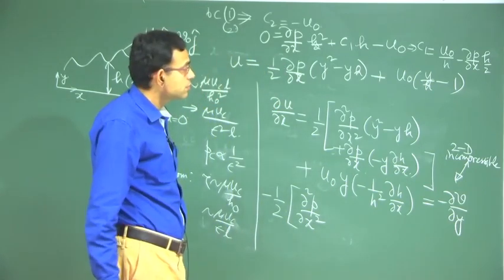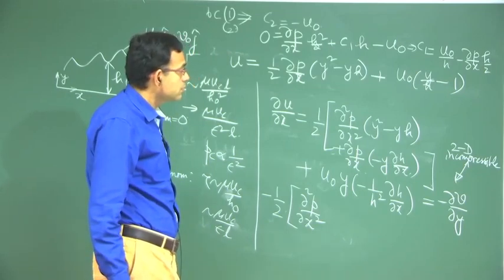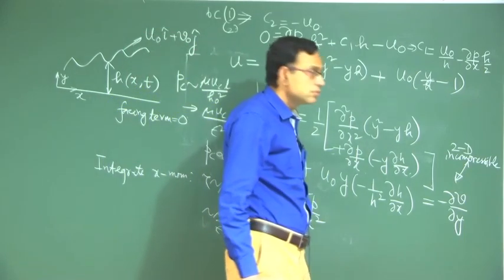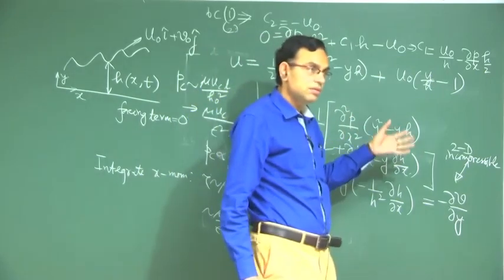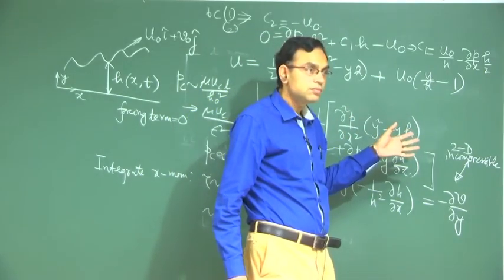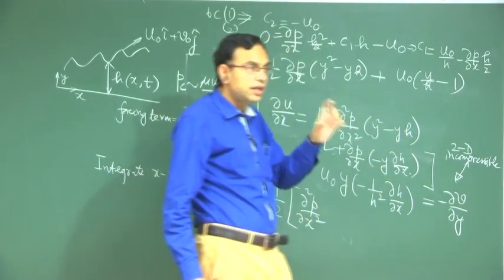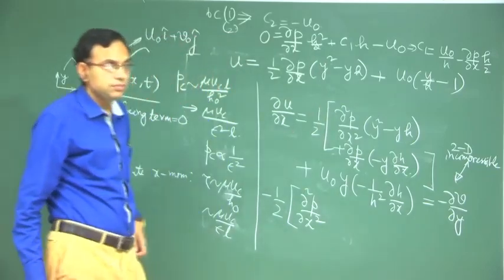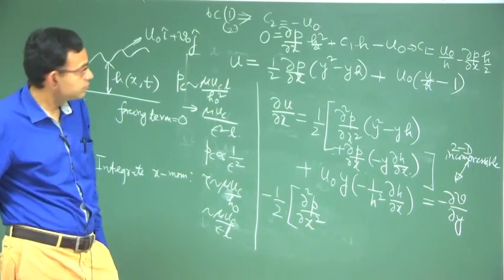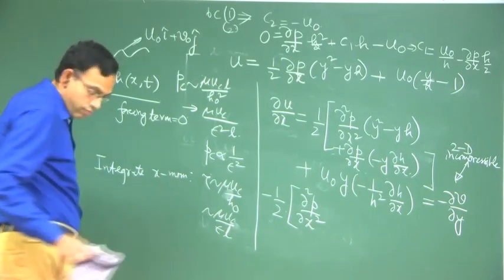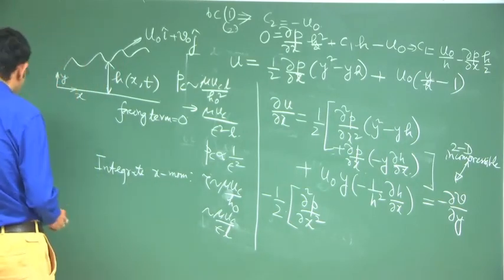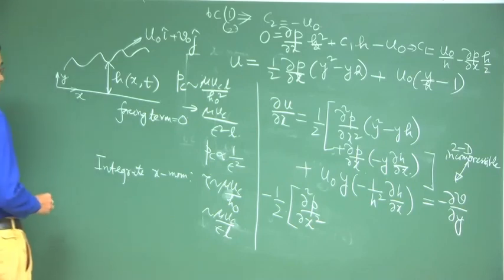The incompressible equation was for u prime and v prime, so when we convert it to u and v, there will come some constants. In the leading order, let us check.